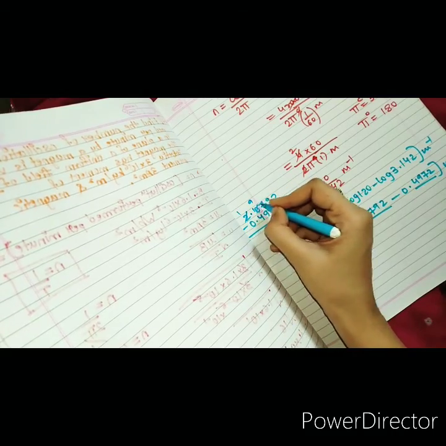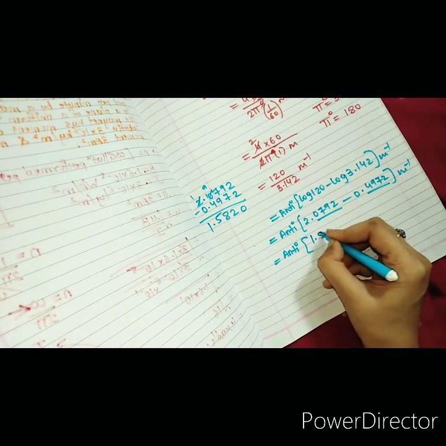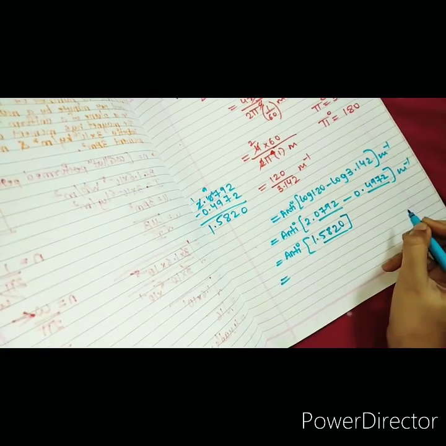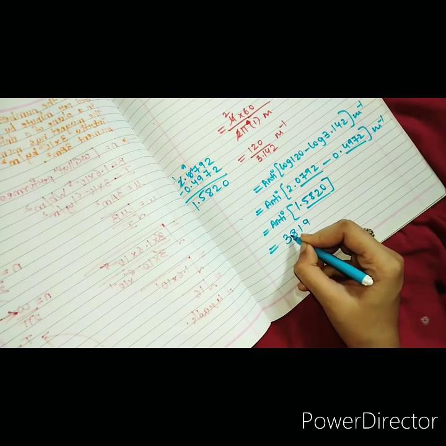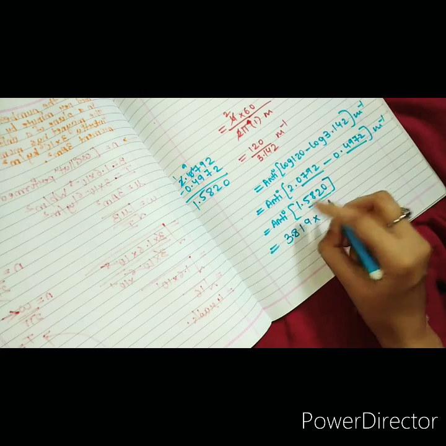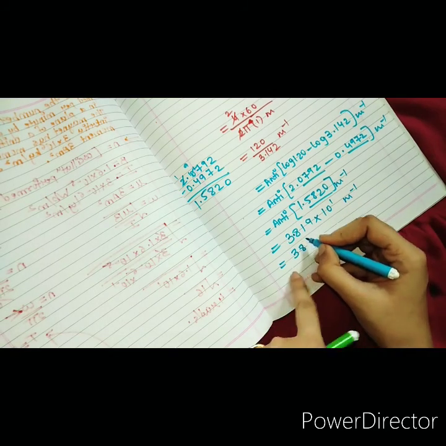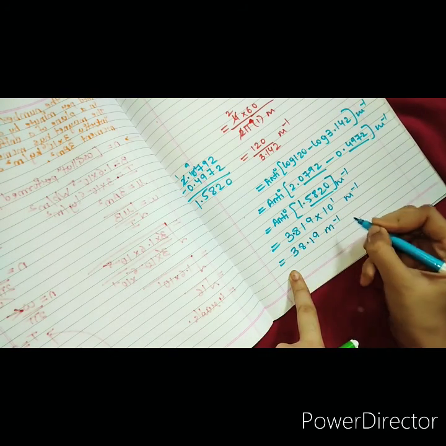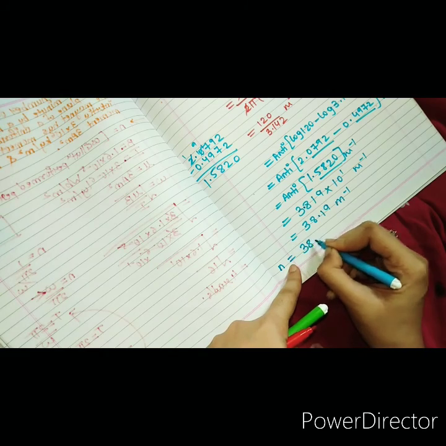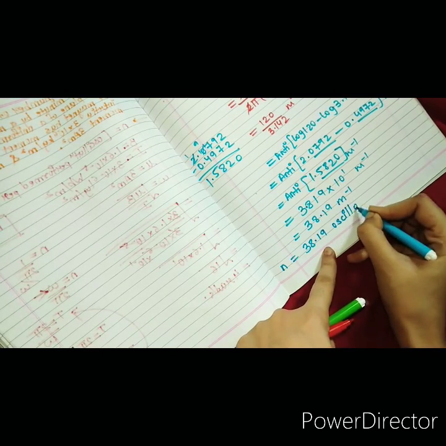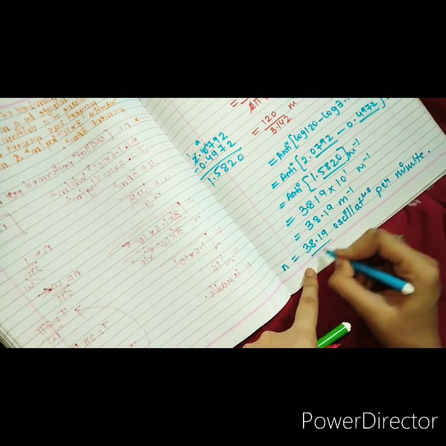That gives 1.5820. So antilog of 1.5820 is 38.19. Since the characteristic here is 1, the number has two digits before the decimal, so that will become 38.19 oscillations per minute. So here is my frequency, that is 38.19 oscillations per minute.